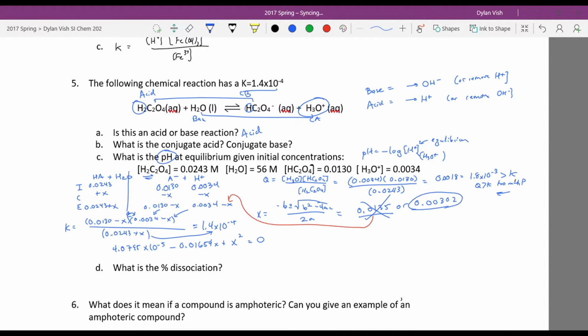And so, our x is that, but that's not our answer to the question, because the question is what's the pH. And to get that, we need the concentration of H plus. Concentration of H plus is 0.0034 minus our x, 0.00302.